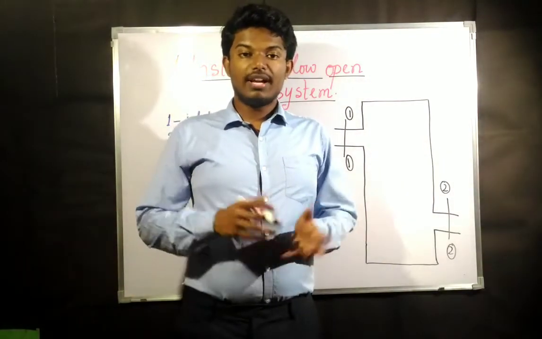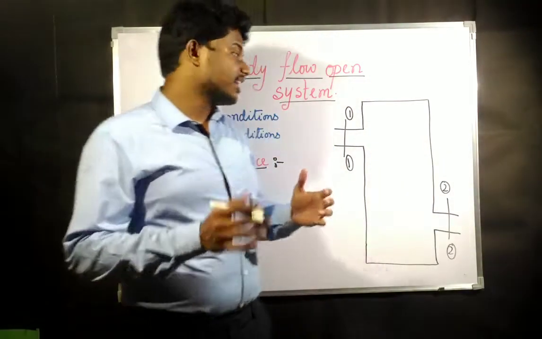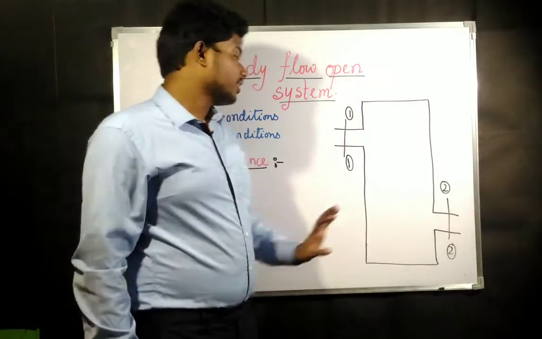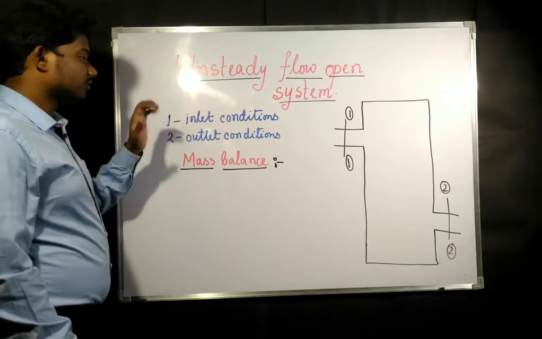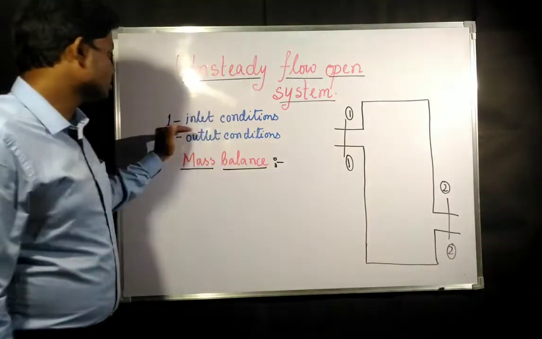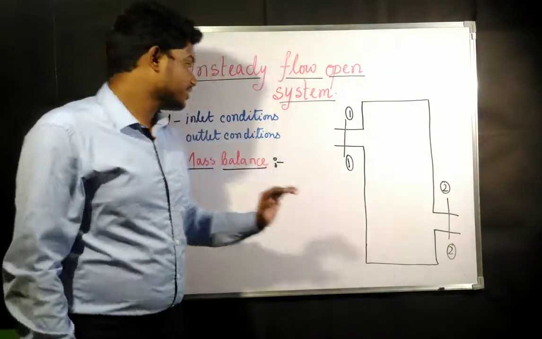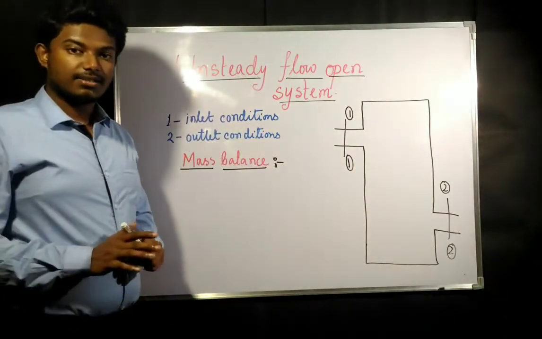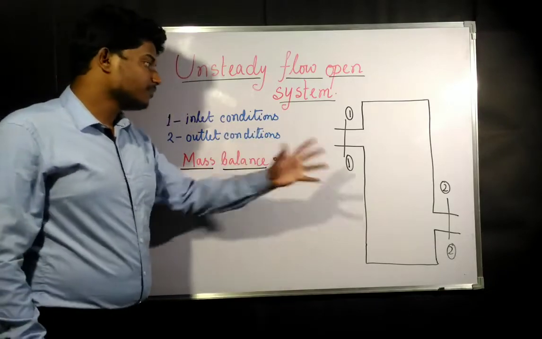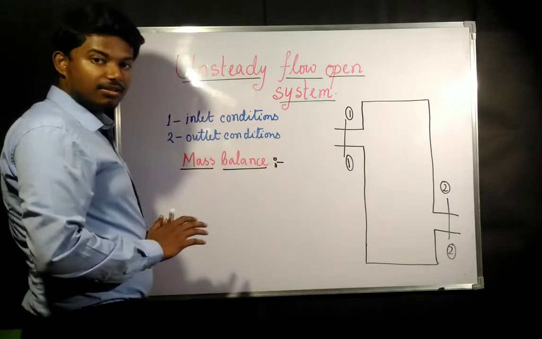Now let us see the mass balance and energy balance in case of an unsteady flow open system. As I have said earlier, suppose here section 1 and section 2 are there, where section 1 stands for inlet conditions and section 2 stands for outlet conditions. Now it is unsteady flow, and unsteady flow means mass accumulation is going to be there.